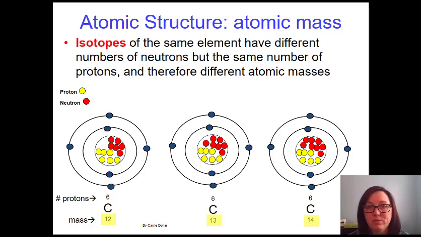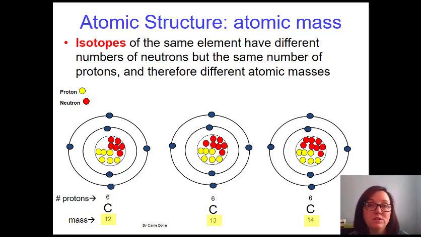Let's take a look at some examples. So down below, I have 3 different pictures of carbon. They're all carbon because they all have 6 protons, and anything with 6 protons has to be carbon. But these are all different isotopes of carbon. They're different isotopes because each of these different versions of carbon has a different number of neutrons.